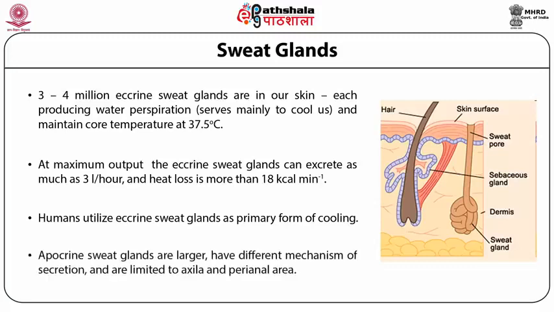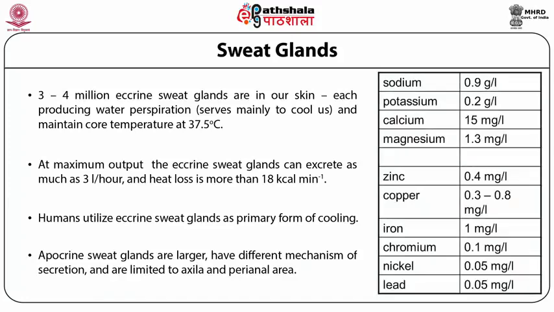The apocrine sweat glands are larger, have a different mechanism of secretion, and are limited to the axilla and the perianal area. The composition of sweat primarily consists of macro elements like sodium, potassium, calcium, and magnesium, whereas it also has a little amount of micro elements including zinc, copper, iron, chromium, nickel, and lead.